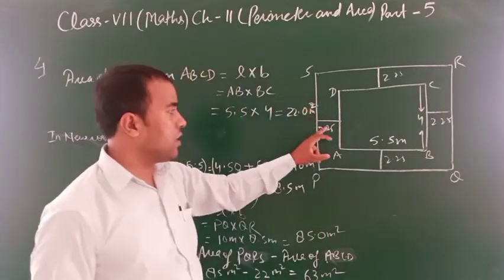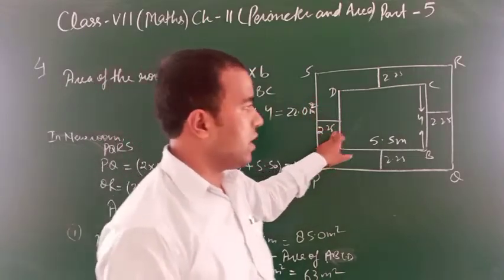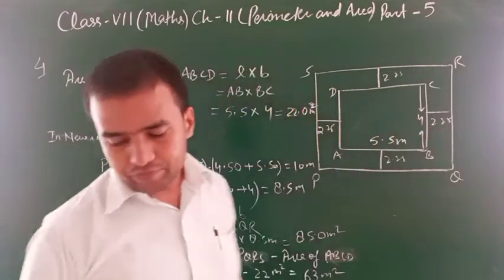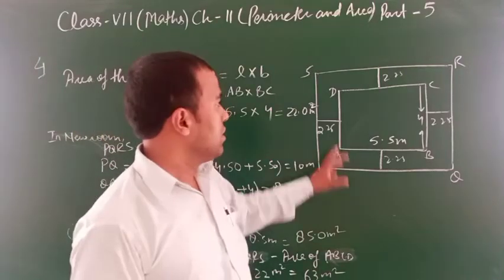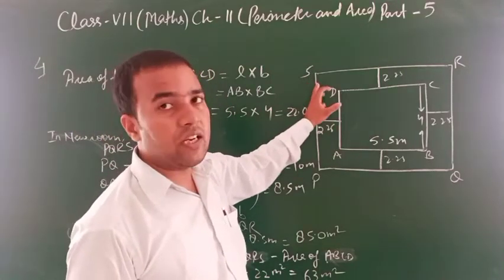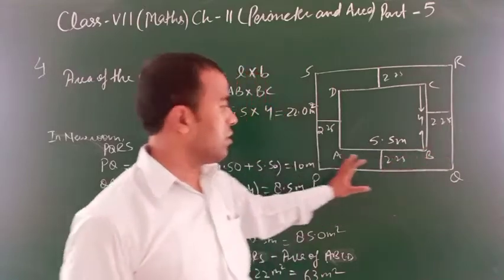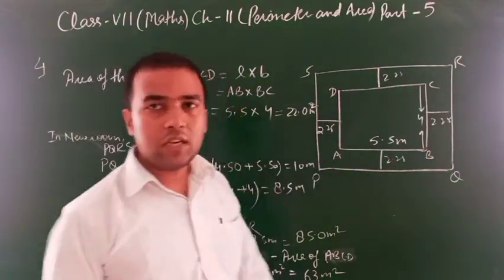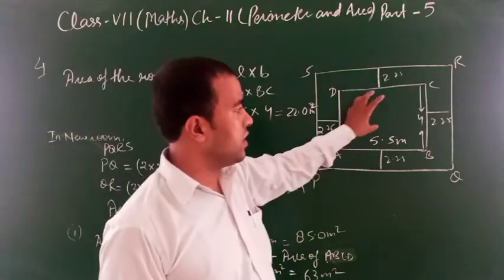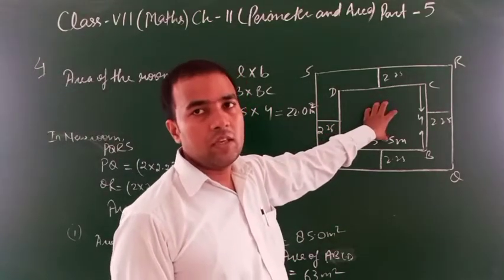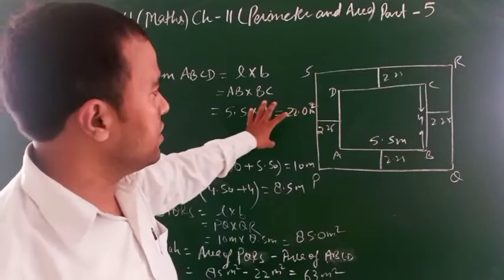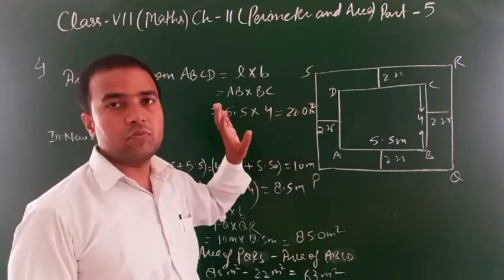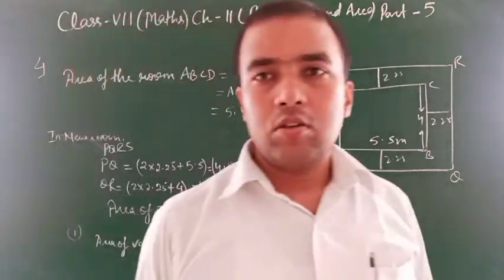Along outside 2.25 meter, one veranda. Then we are getting new rectangle PQRS, but this length and breadth is not given. So first of all we will find the area of this room. Area of this room ABCD is 22 meter.